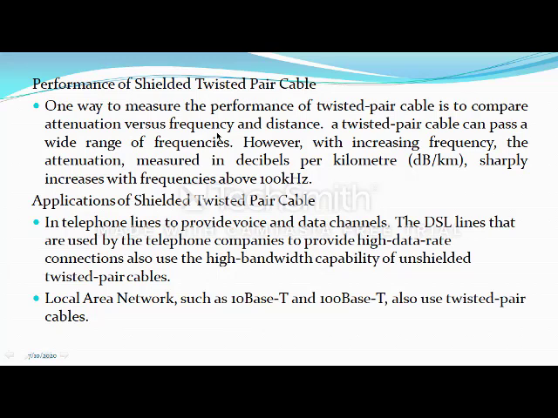The performance of this twisted pair cable is measured by comparing the attenuation versus frequency, not the distance. With the frequency, the twisted pair cable can pass a wide range of frequencies.